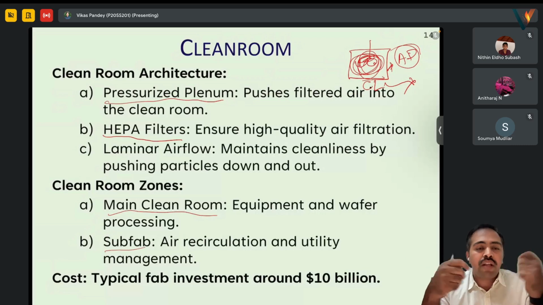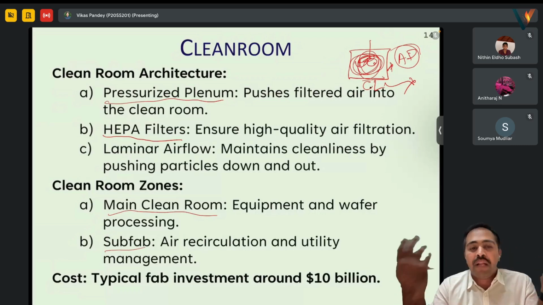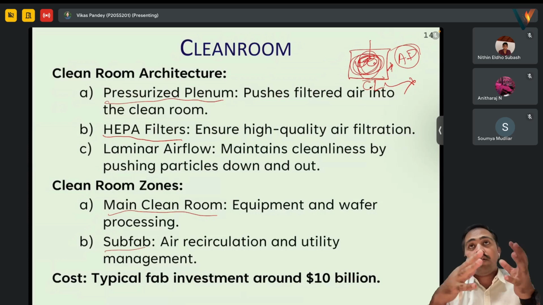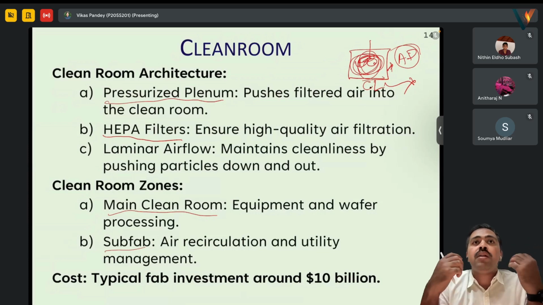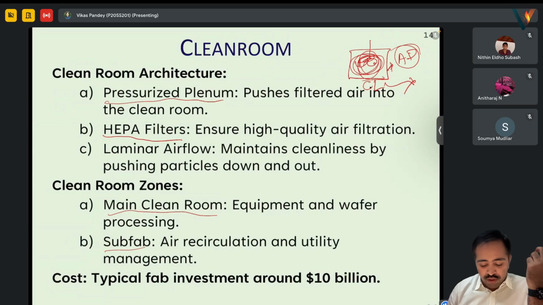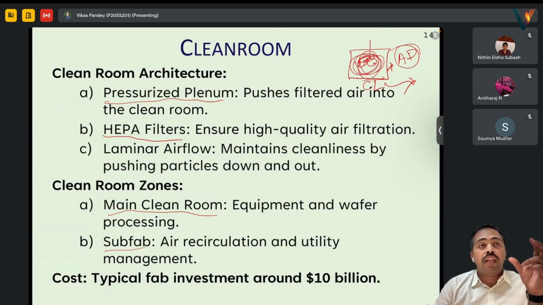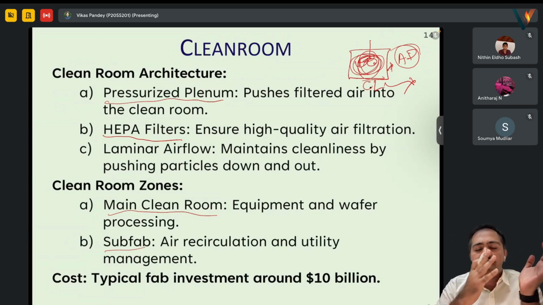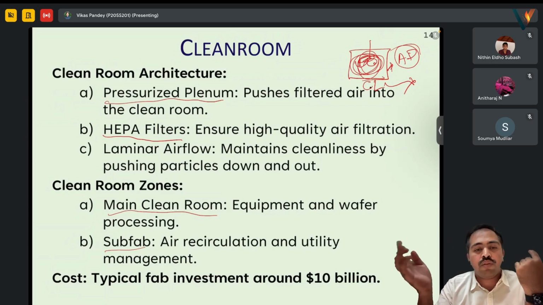You will be wearing some apron and these things. Then you enter the main clean room. Then there are areas where it is clean, but not that very clean. And where you are actually working, that is a subfab or an even cleaner area. So there are different zones of the clean room. Generally, zone 1, zone 2, zone 3, and zone 4 are used.